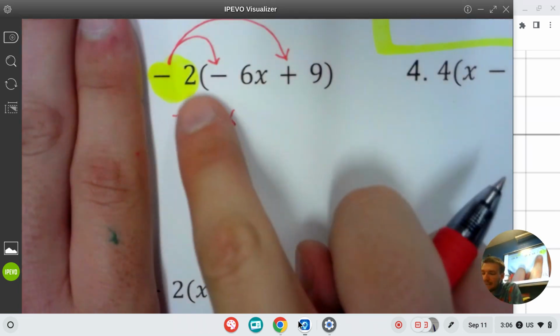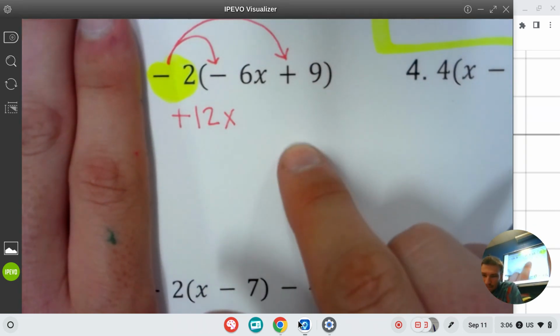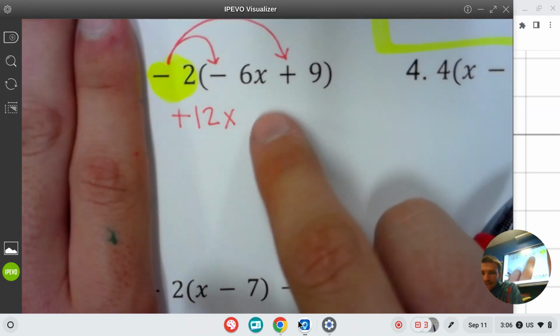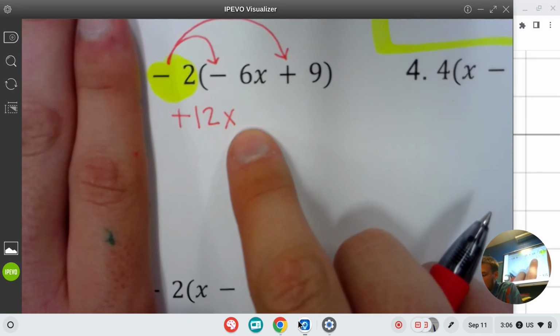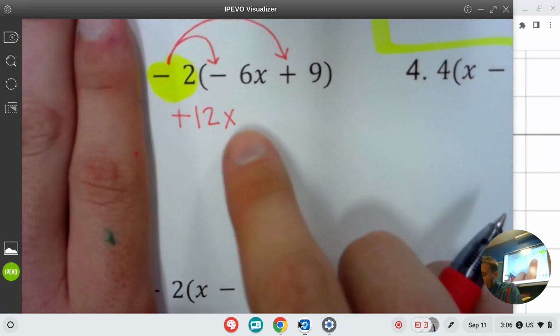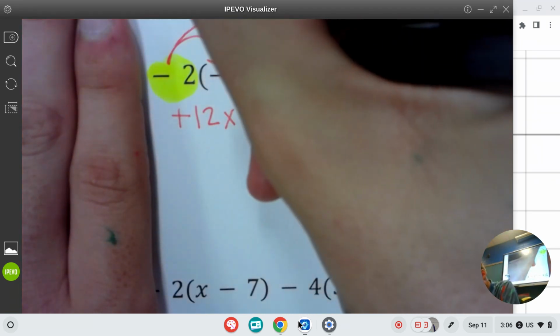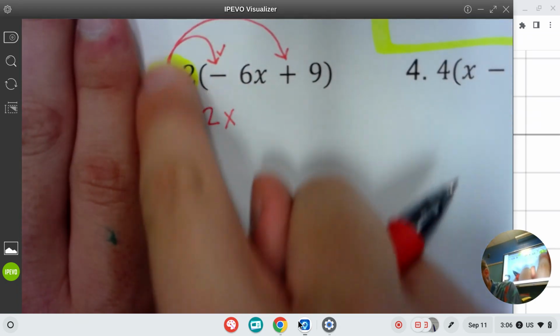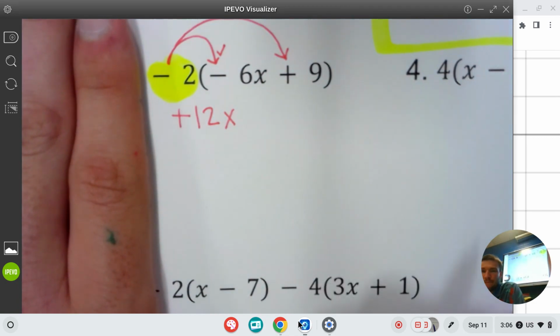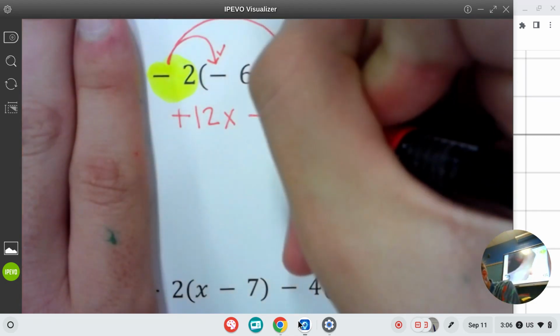I told you guys it's normally the second term. So what do you think the second term is going to be here? What do we think? We've already handled the 6x. How do we multiply negative 2 times positive 9? Negative 18. You're correct. Nice job.